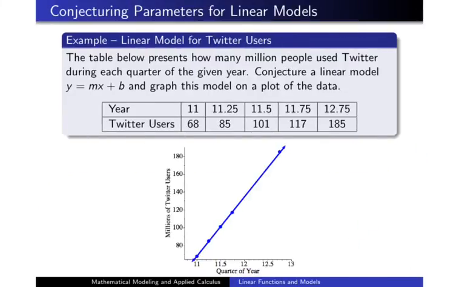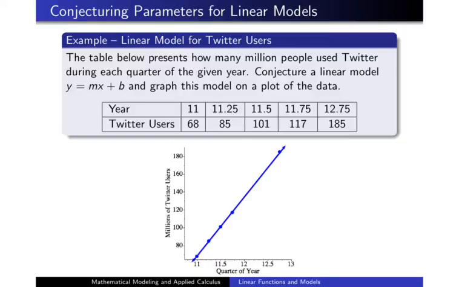So the next step in our modeling cycle is to test our model against our known data. If I make a plot of my 5 data points and the line I just found, what I see is that the line captures this data reasonably well. Now, the nice thing about having an equation for this situation is that I can use it to make predictions.